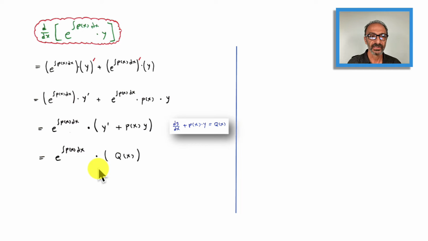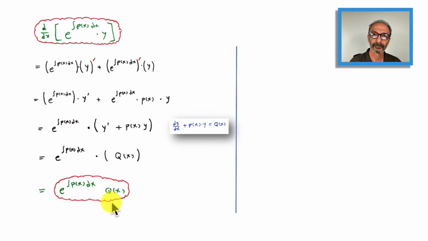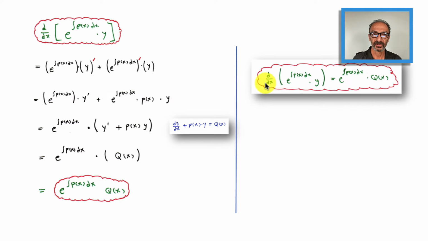Now, what does this mean? It means that after you find the derivative of this product, you get the following. Putting them together in one line, this is what I have. The derivative, by the product rule, of the product of these two functions gave me e to the integral of p of x dx times q of x.